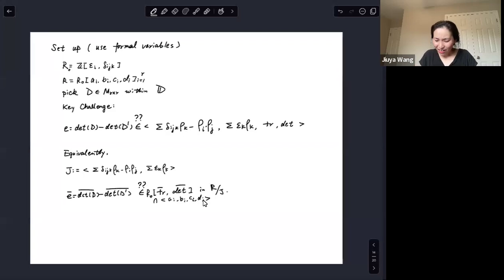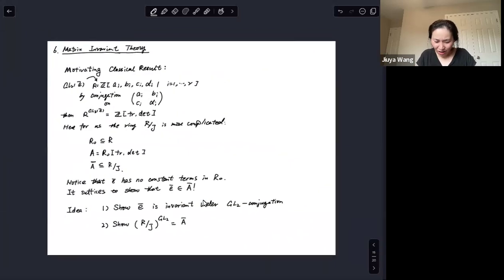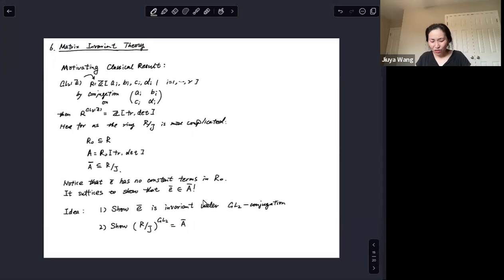So this is a crucial idea: we should use some more clever idea instead of just pushing the computation. This is called matrix invariant theory.